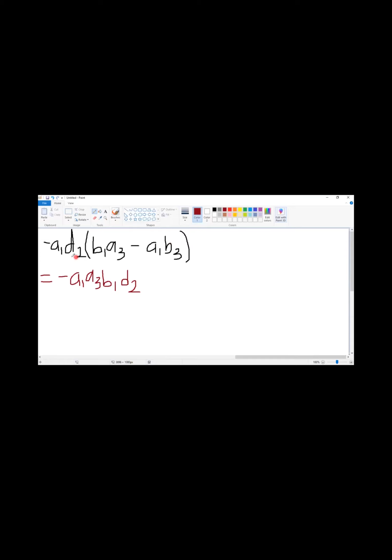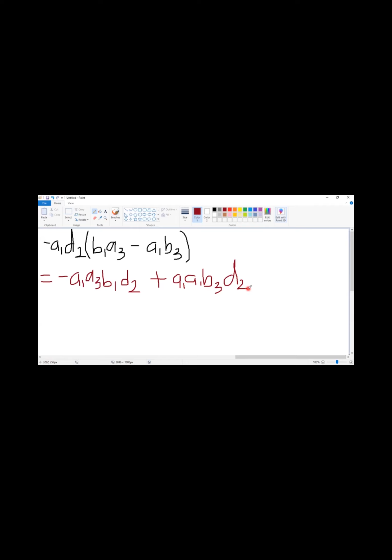We move over to this. Remember, minus times minus will give us plus. So A1, A1, B3, and D2.